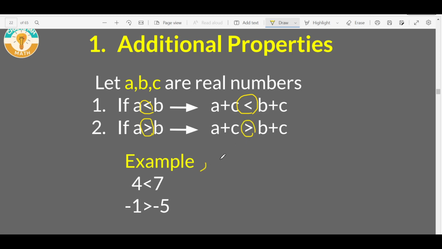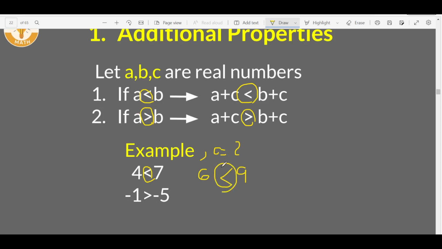Okay, so let's say I put C as 2. When you add 4 and 2, you will get 6. When you add 7 and 2, you will get 9. So which one is still greater? The left side is still greater. So the sign does not change when you add a number to both sides.